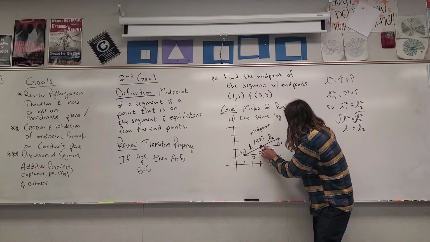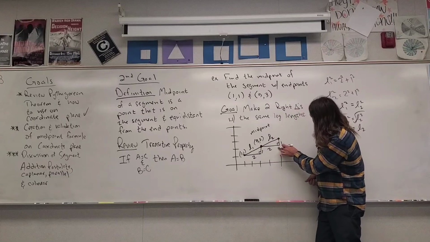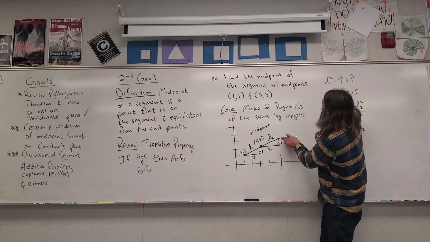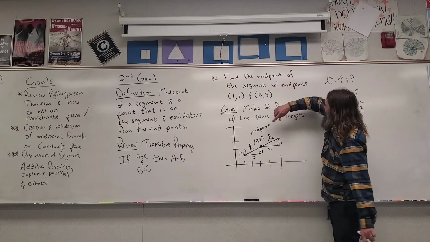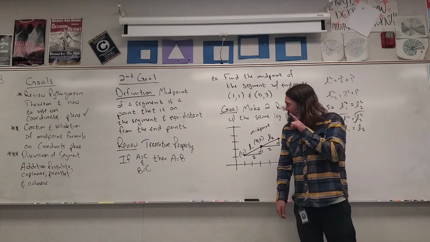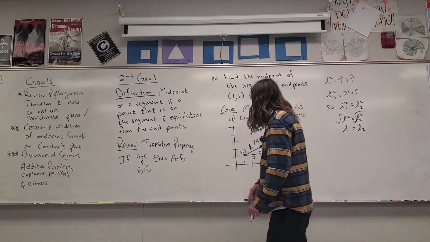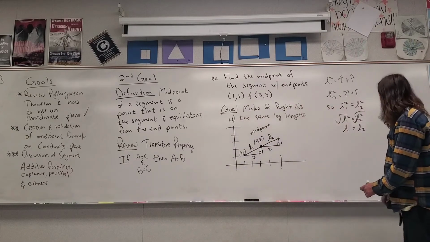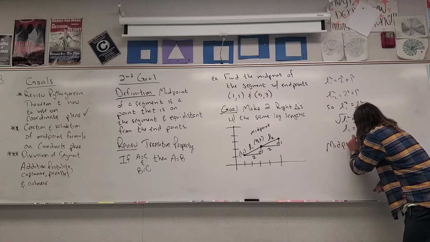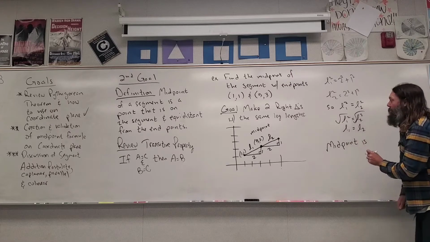And again, if I go over 2, that's adding to my x, so I'd have a 5, and I go up 1, that's adding to my y, I'd have a 3, and I would get to my other endpoint, (5, 3). So my midpoint is (3, 2). I know it's my midpoint because I verified it using the transitive property. So my midpoint is (3, 2).